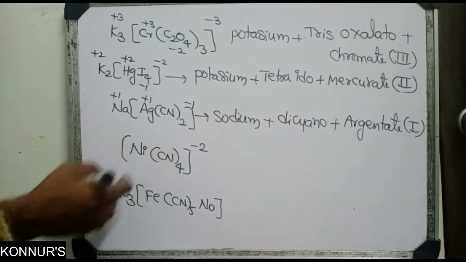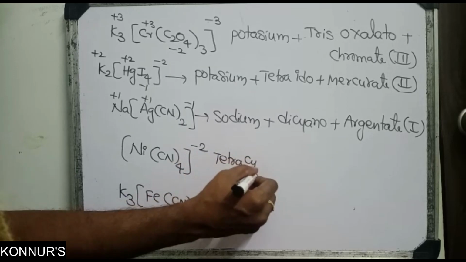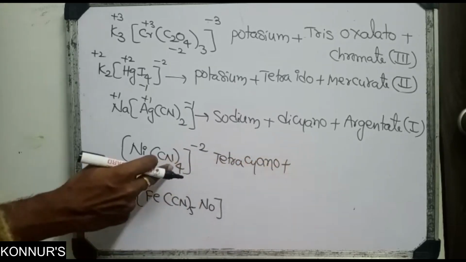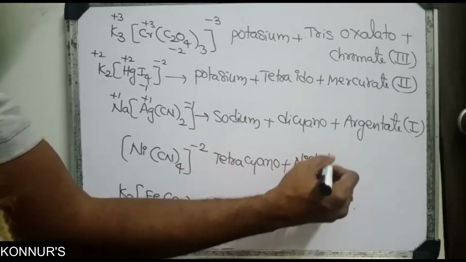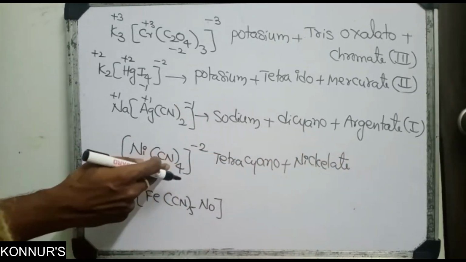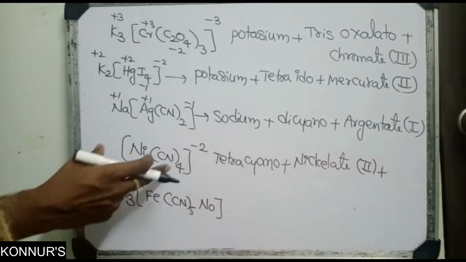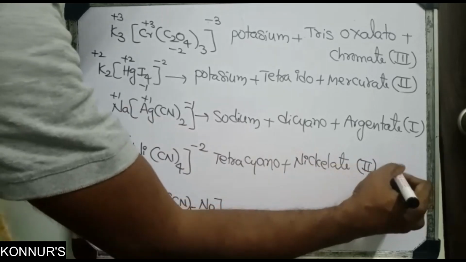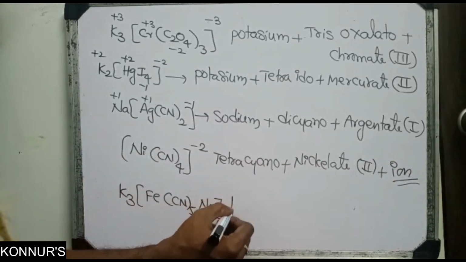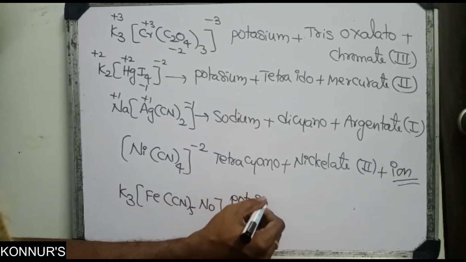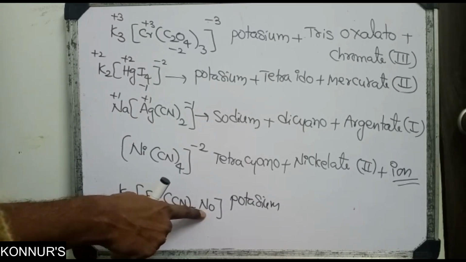Next here, only the complex sphere is given. So tetracyano, nickel. Nickel, 4 negatives, so 2 are there. So 2. Next what? Ion is given. So compulsorily you end with ion. Next here, potassium. Next, CN and nitrosyl. N O means nitrosyl.